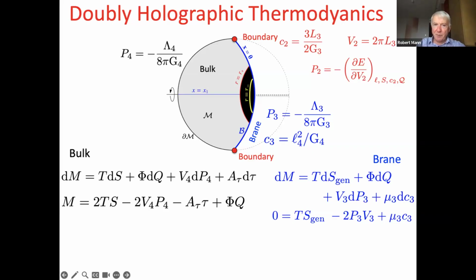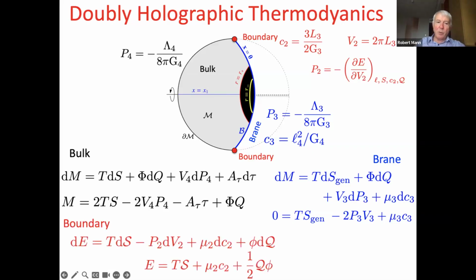The conjugate pressure from the energy induced onto this defect CFT in the boundary is not easy to calculate. But what we were able to do is show that the holographic dictionary from here to here also gives you a first law on the boundary and a Smarr relation on this boundary.